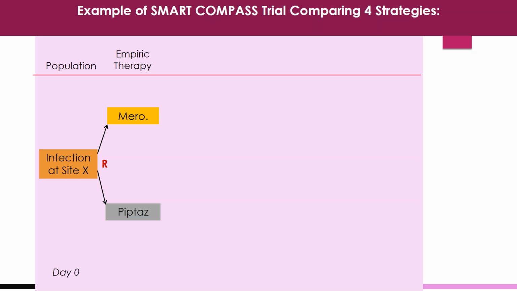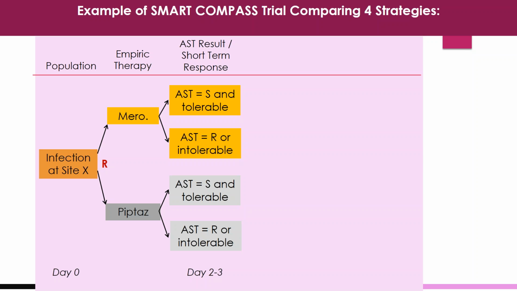We could potentially randomize them, for example, to those 2 antibiotics we studied, randomize people into their empiric therapy options. And then when we get back the results of their susceptibility testing, that's AST, antibiotic susceptibility testing. S means sensitive or susceptible, R means resistant.